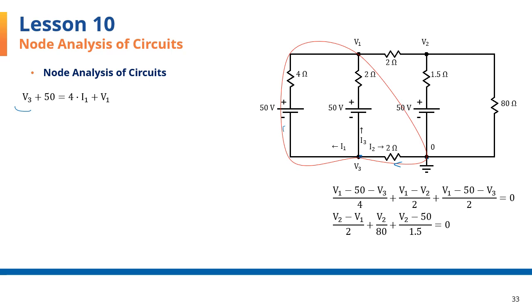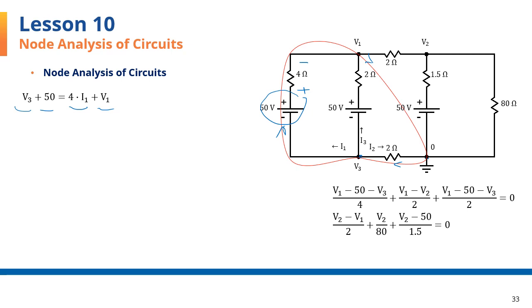The next voltage is a voltage rise again of 50 volts, so that also gets added on the left hand side. The next voltage is in the 4 ohm resistor, which is 4 times I1, and that's a drop, so I put it on the right hand side. And the last voltage is a drop of V1 as I come back to the reference voltage. And so V1 is a drop that gets added to the right hand side of this equation.